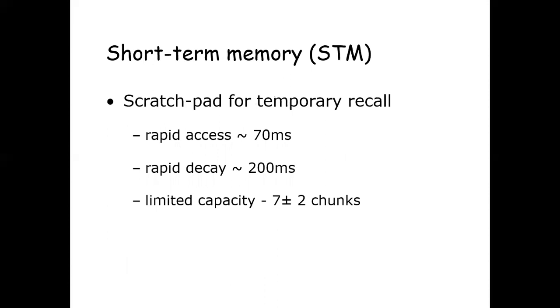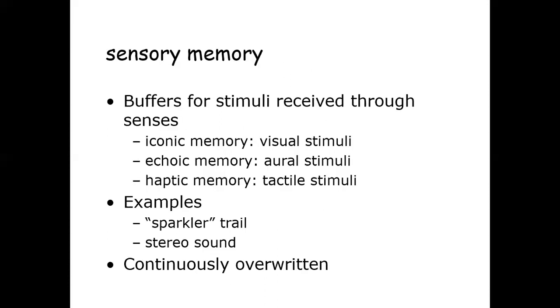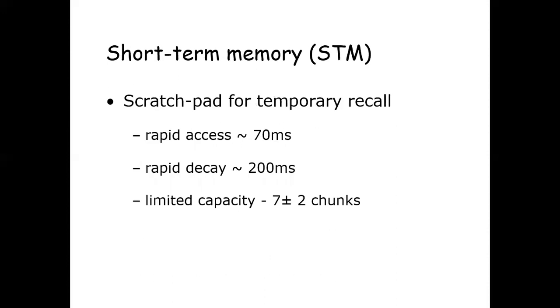Next type is short-term memory, and before that, examples for sensory memories are the sparkler trail and stereo zone, and it is continuously overwritten. The next one is short-term memory, or primary memory, or we can say active memory.